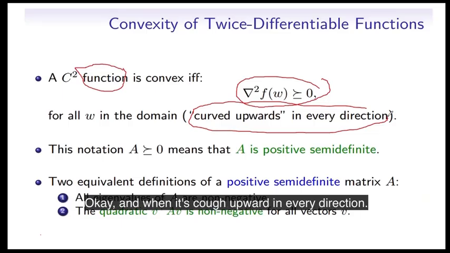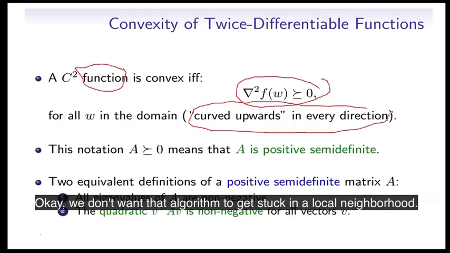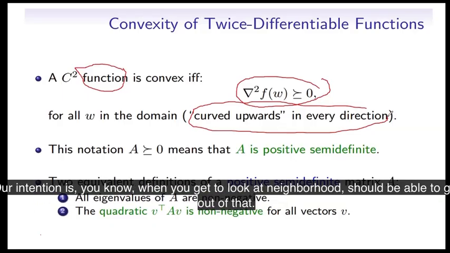And when it curves upward in every direction, we prevent the algorithm from getting stuck. We don't want our algorithm to get stuck in a local neighborhood. Our intention is, when you get to a local neighborhood, you should be able to get out of that.